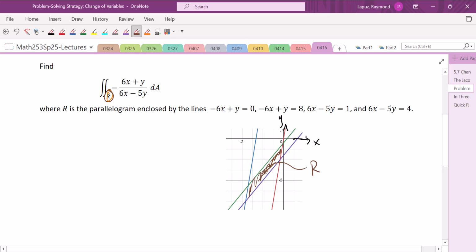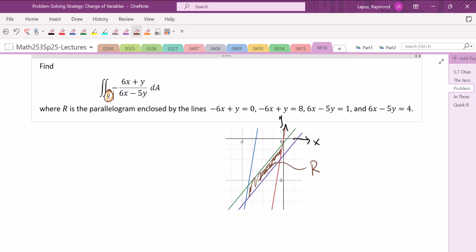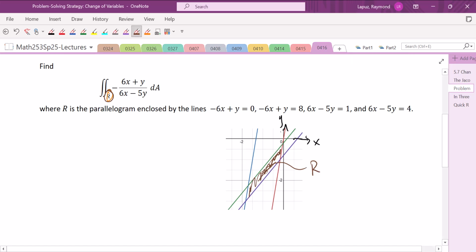All right, now the hint was to let U equal negative 6x plus y, and then let V equal 6x minus 5y. Now, why did they do that?